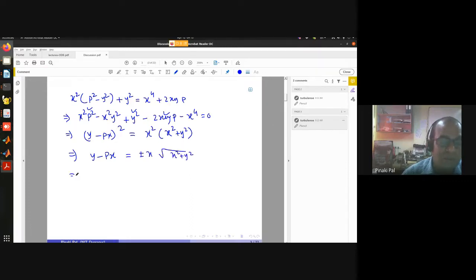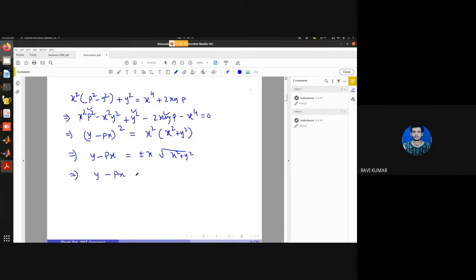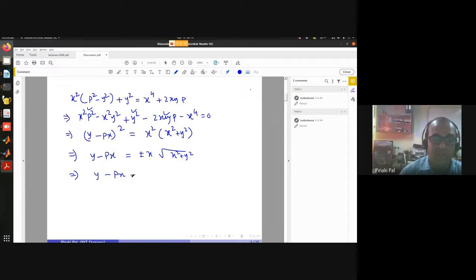So that means what are the factors? y minus px equal to x root over x square plus y square.